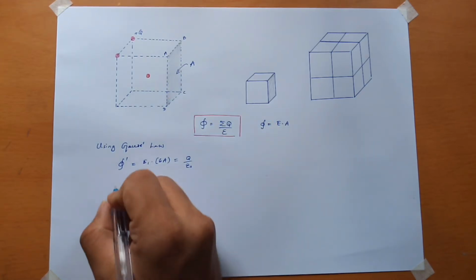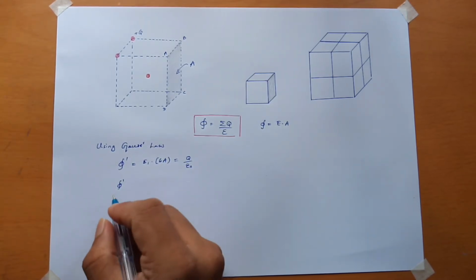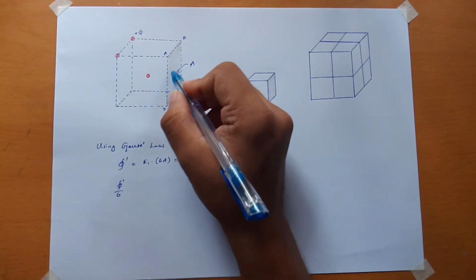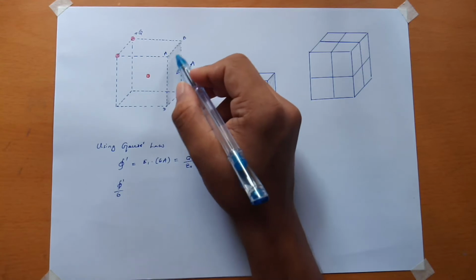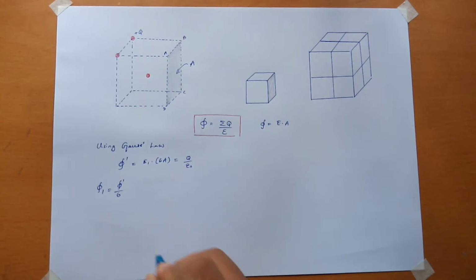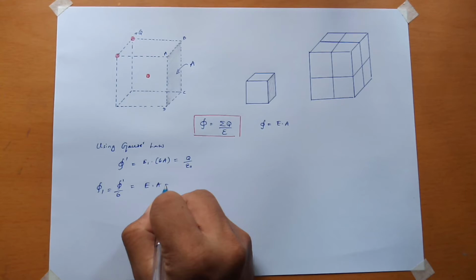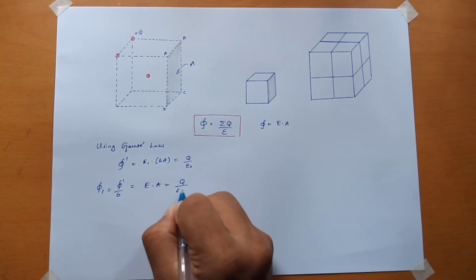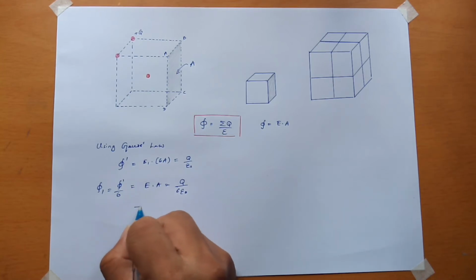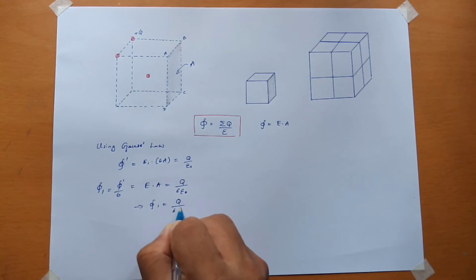Therefore, I want to divide psi dash by 6 in order to get the flux passing through this area. So let us take that to be psi 1. So I get here from this E1 times A equals Q over 6 epsilon naught. Therefore, I can write psi 1 is equal to Q over 6 epsilon naught.